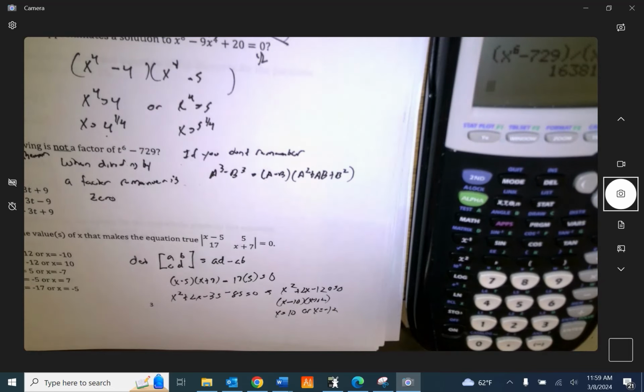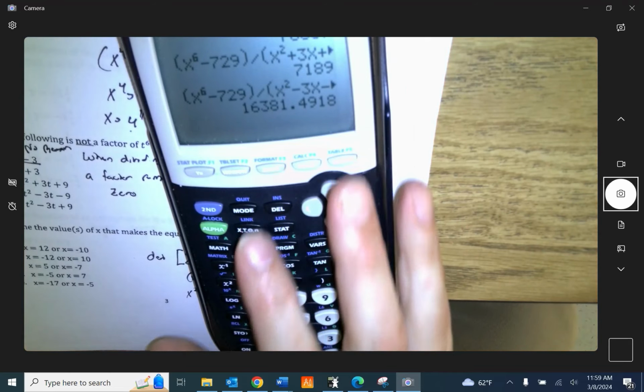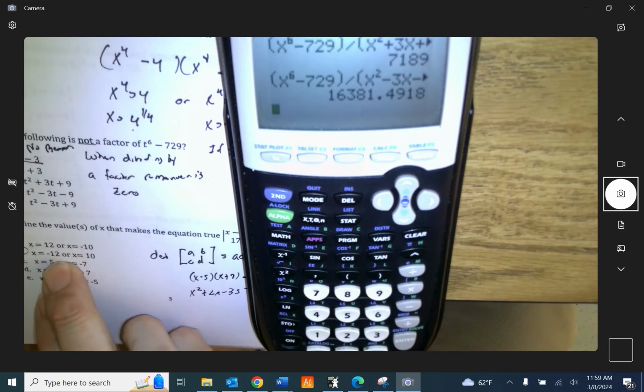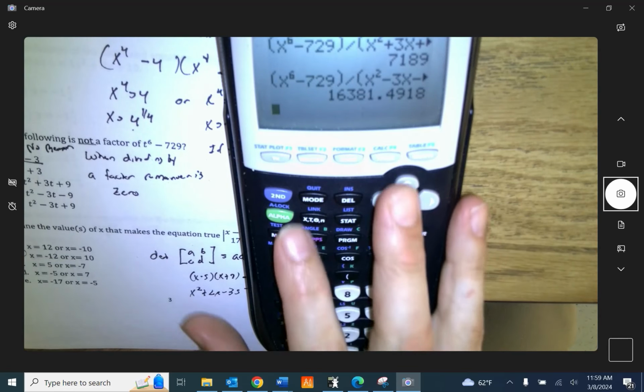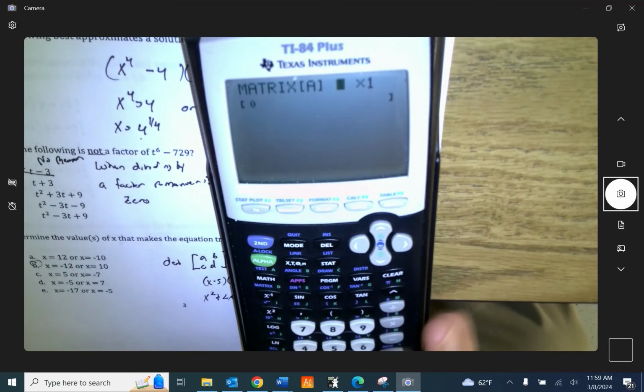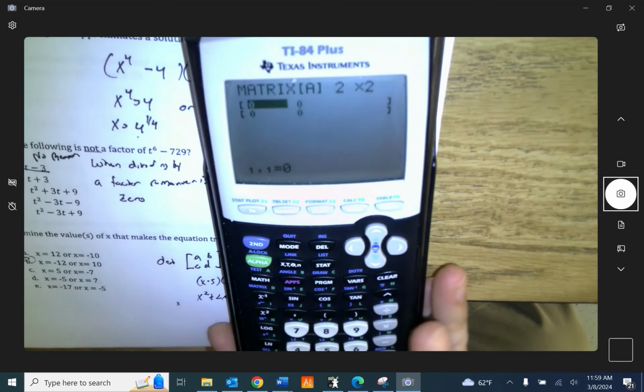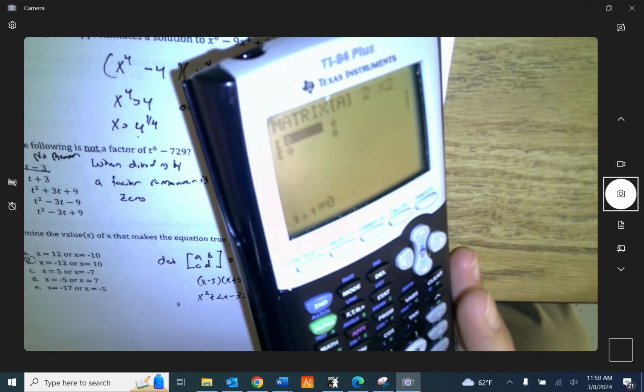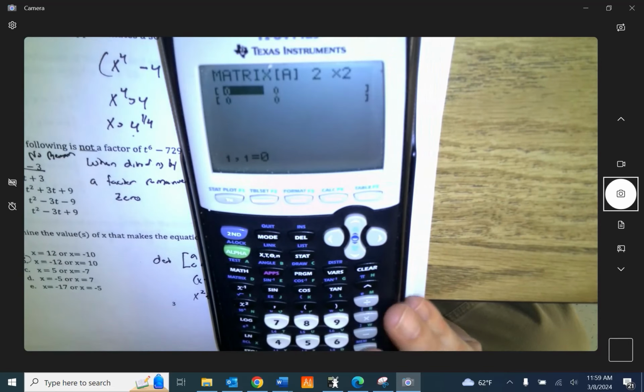Here's something you can do too, by the way. You can literally plug in answer choices. So let's check these, okay? Let's just check them. Second matrix, this is a 2 by 2. And I have, if I think I'm negative 12, I'm going to have negative 17.